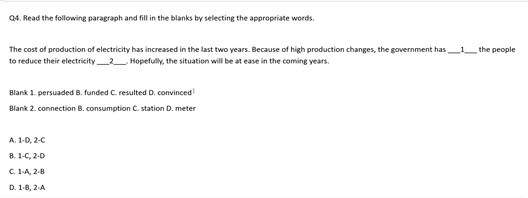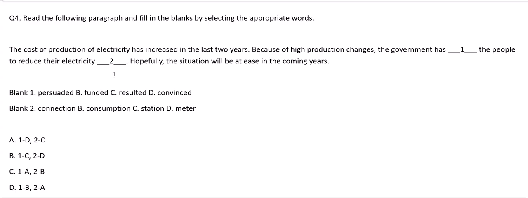Convinced means to change someone's opinion on something, whereas persuaded means to encourage someone to do some action. Here, the government is encouraging the people to do some action, that is to reduce their electricity usage. Hence, between persuaded and convinced, persuaded is the better option. Okay, hence the first blank goes with persuaded.